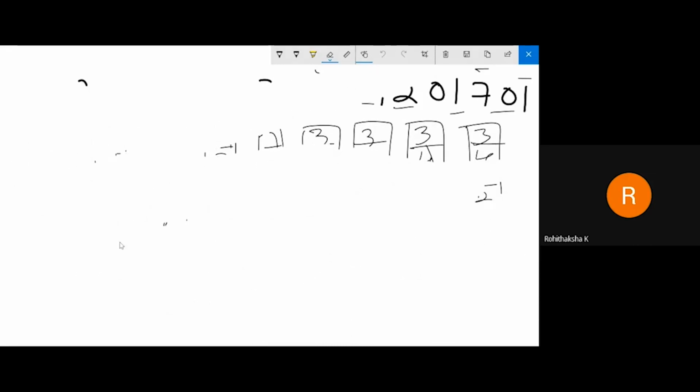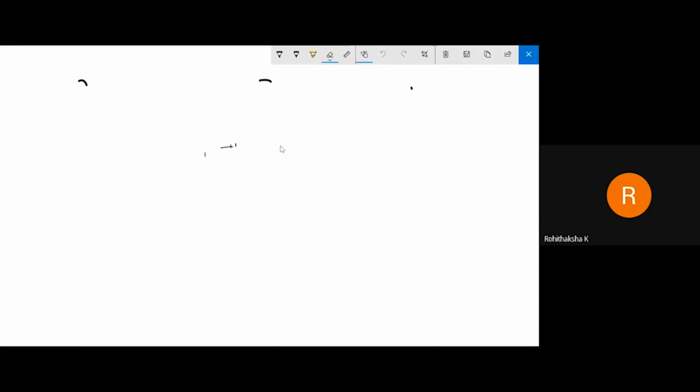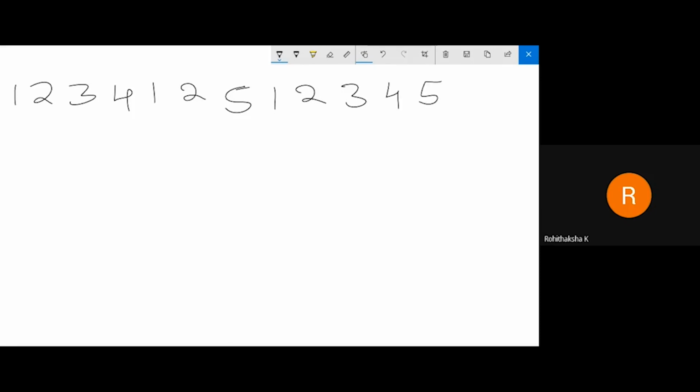Let us check for this, and anyone should tell me the answer. Parallelly I'll write this reference string. A small reference string: 1, 2, 3, 4, 1, 2, 5, 1, 2, 3, 4, 5.